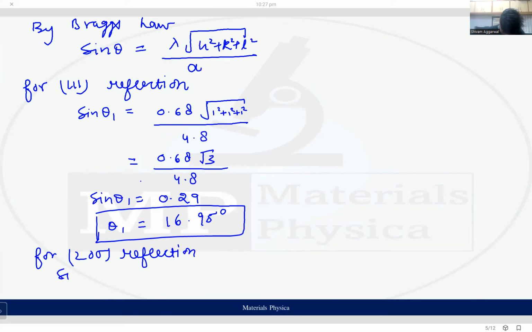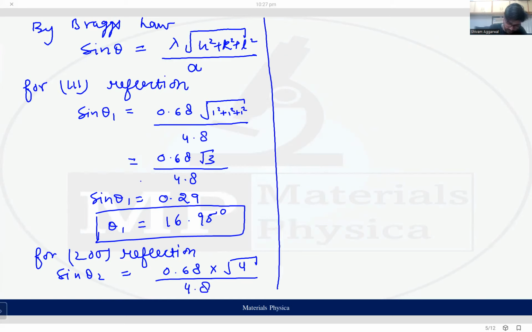Sin theta 2 is 0.68 times root of h square plus k square, which is 4, over 4.8, and sin theta 2 is equal to 0.3366, and theta 2 is equal to sin inverse 0.3366, and it would be 19.67 degree.